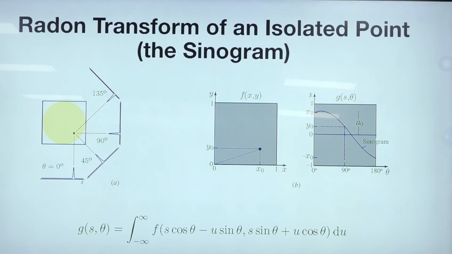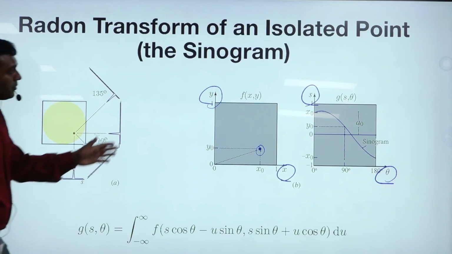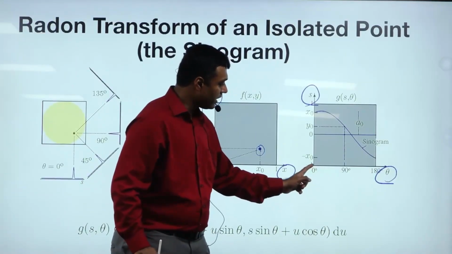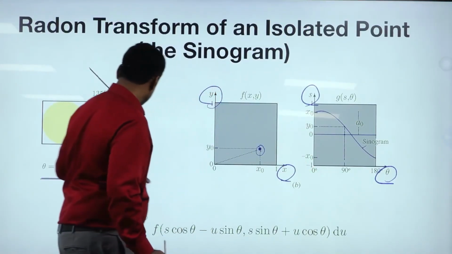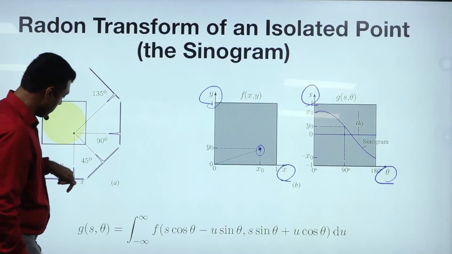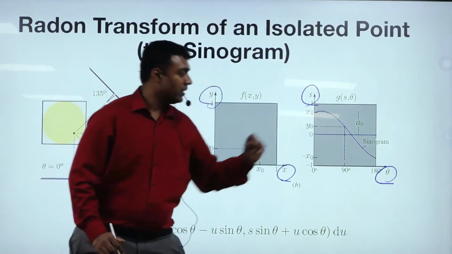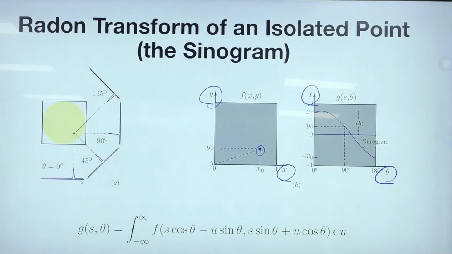So in the xy coordinate space, the object is at one point. But in the s theta coordinate space, I'm plotting s on this axis and theta on the other. At any given angle, if you look at where the value is and make a plot, it looks something like this. It's called a sinogram.